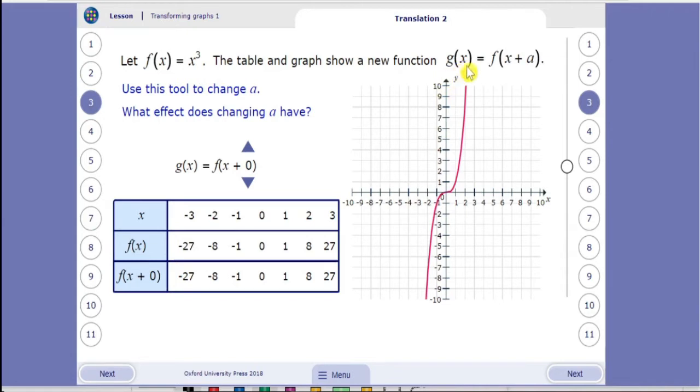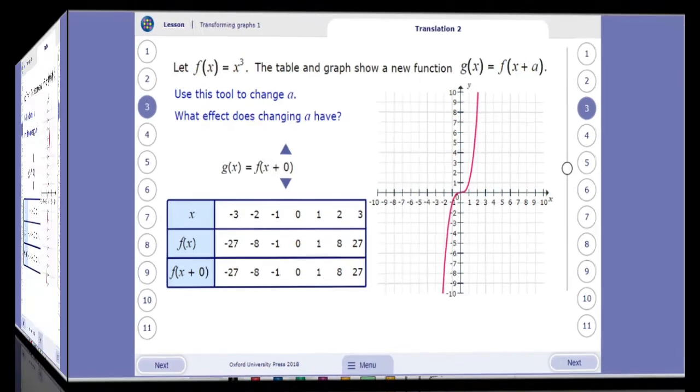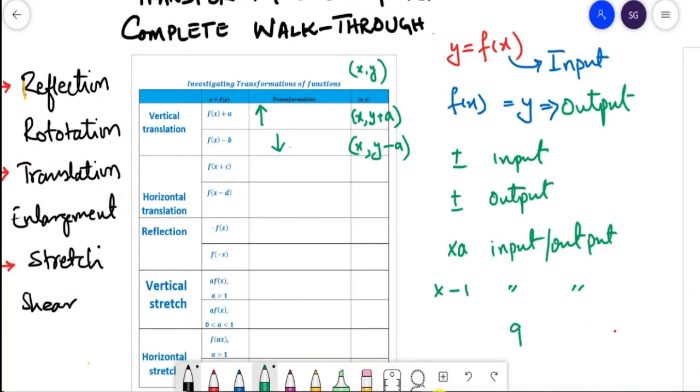So g of x is obtained by, as you can see, x being replaced by x plus a. If I were to write g of x for this, what would I write? g of x is equal to f of x plus a, as indicated.